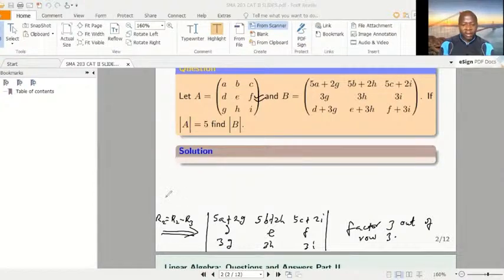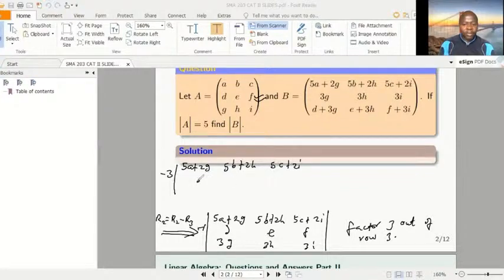Now, let's just factor out. Oh, remember there was a negative here, negative 1. So if you multiply, you shall have negative still outside. Now we factor 3 out. This one remains as 5A plus 2G, 5B plus 2H, and 5C plus 2I.